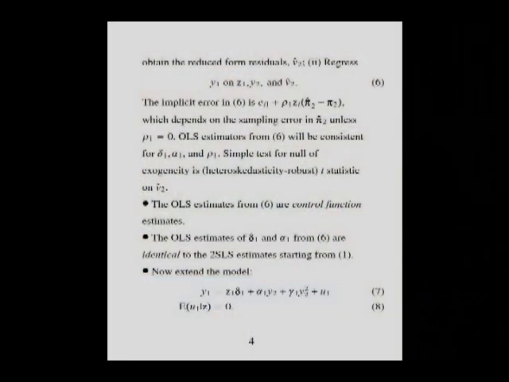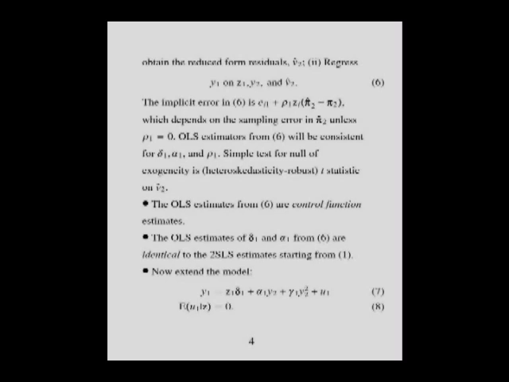And then in the second step, you just add the V2 hats as a regressor. And of course, standard results on two-step estimation tell you that this is going to be consistent. Standard results on two-step estimation also tell you that the standard errors that you get from this regression are not going to be valid in general because of this generated regressors problem.